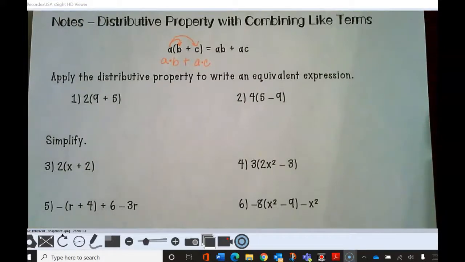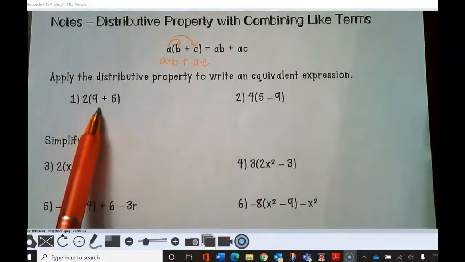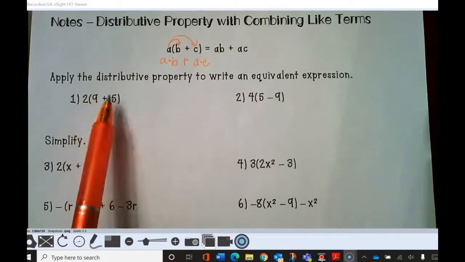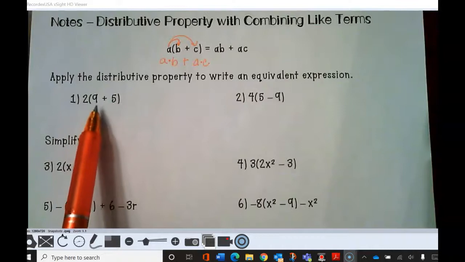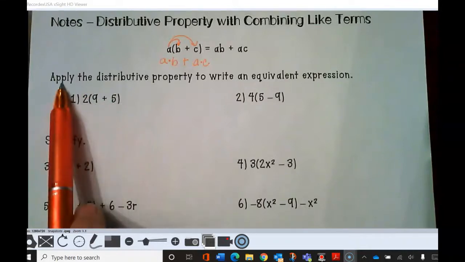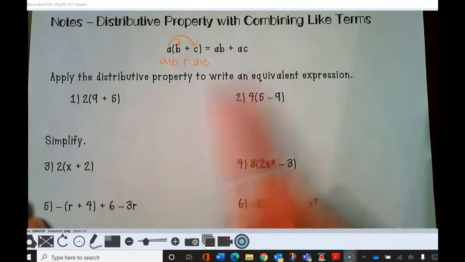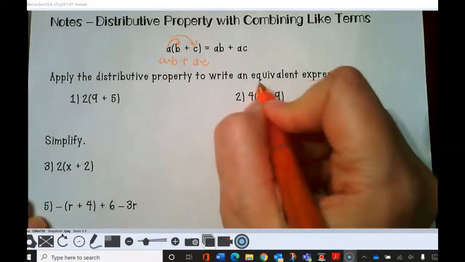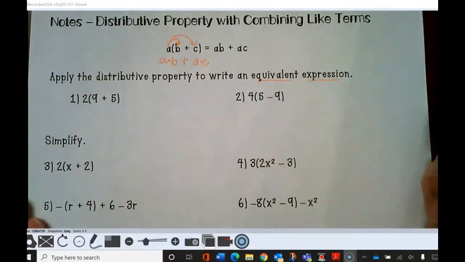Now you wouldn't normally use it when you only have constants or numbers, because the shorter way to solve this, if I were solving it, would be to follow the order of operations, but the directions say to apply the distributive property to write an equivalent expression. So that means I'm writing another math problem.